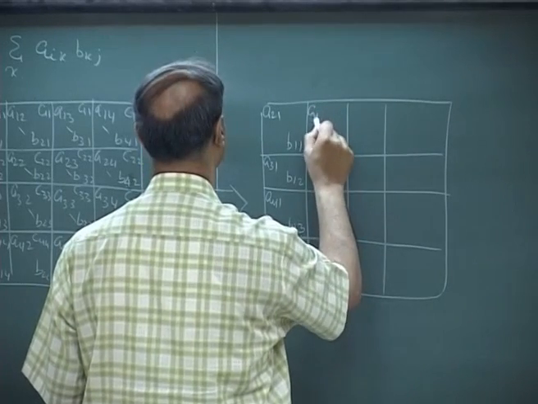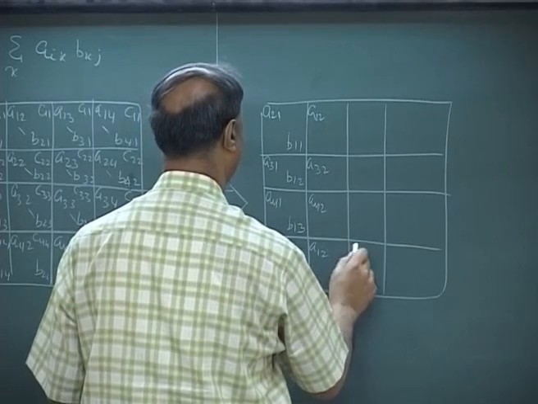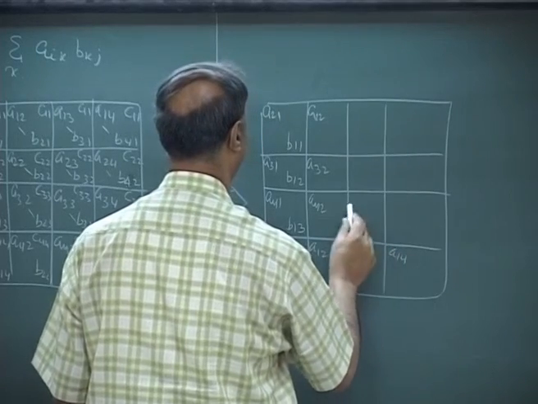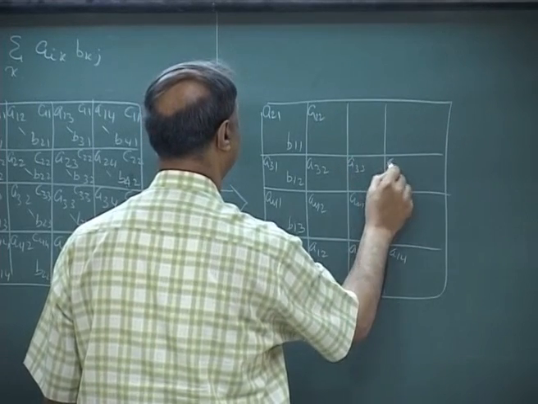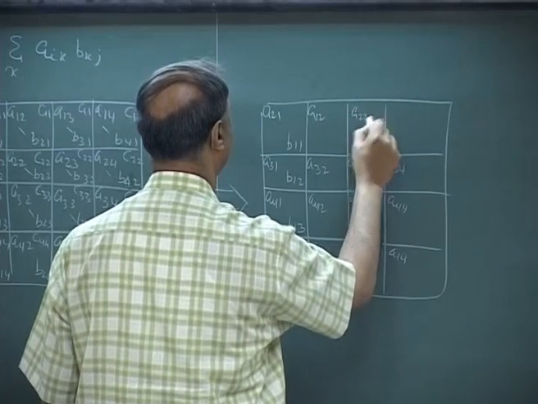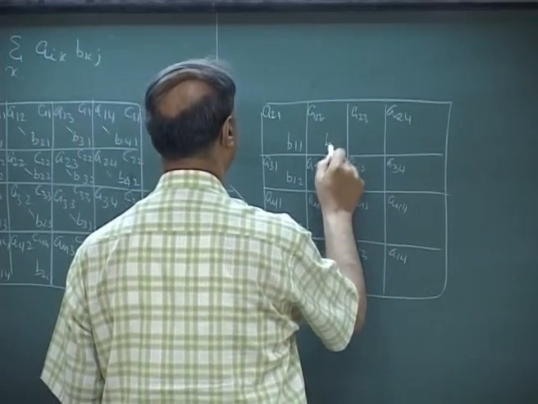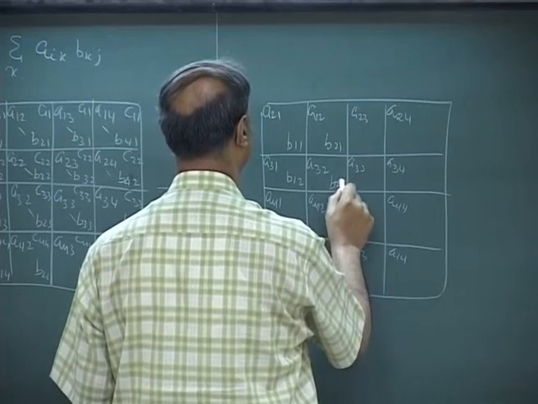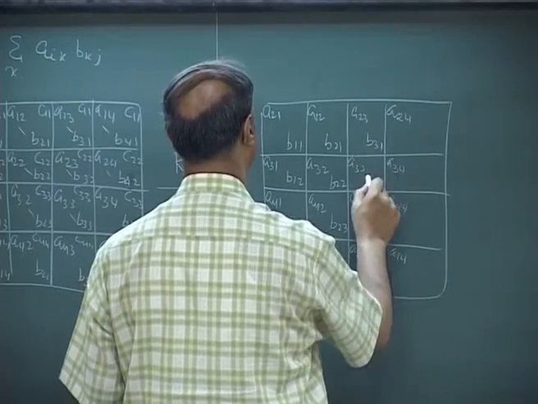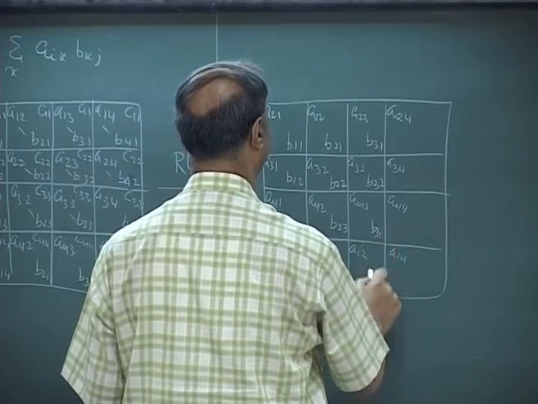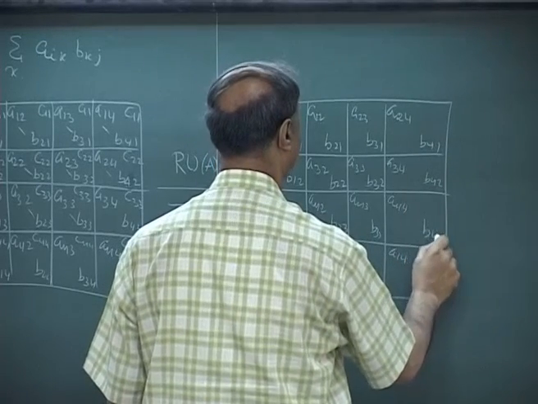Then here you get A22, A32, A42, A12, A13, A14, A43, A44, A33, A34, A23, A24, and B21, B22, B23, B24, B31, B32, B33, B34, B41, B42, B43, B44.